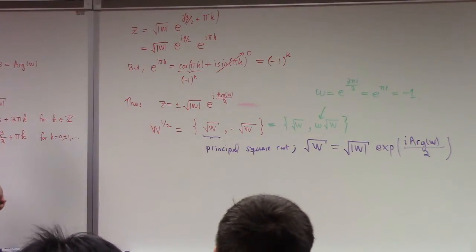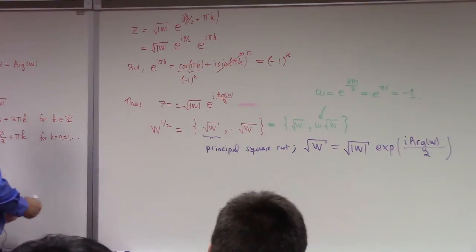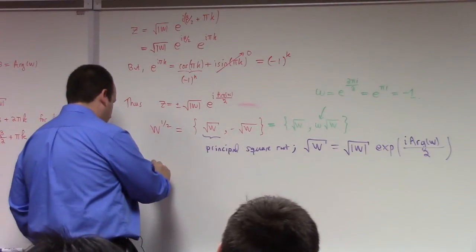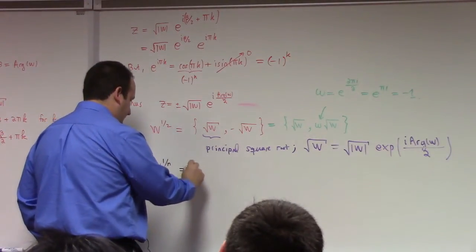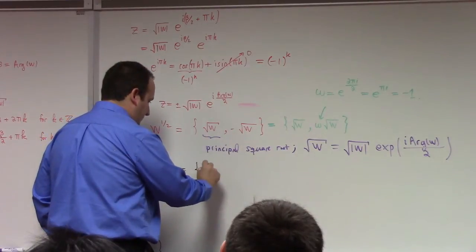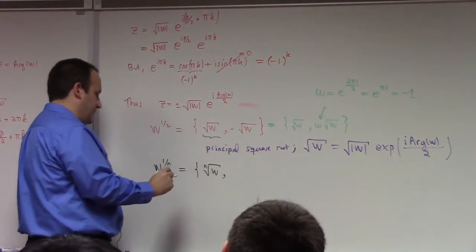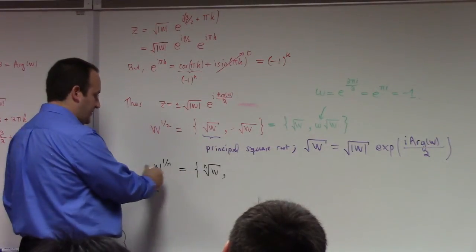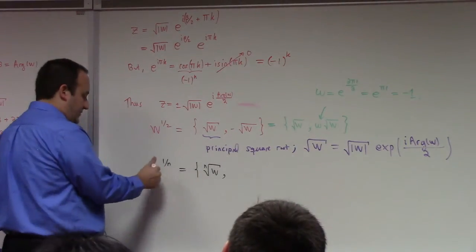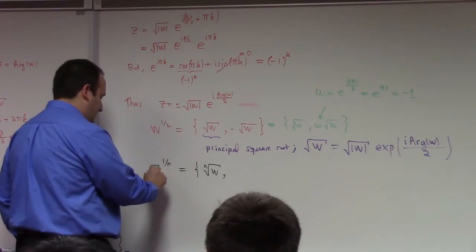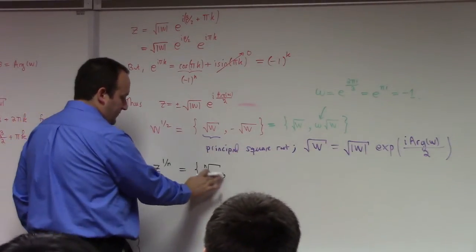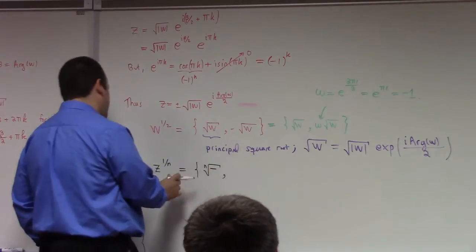More generally, if you want to look at the nth roots of W, what you do is you take the principal nth root of W, and then, maybe W is a bad choice. Let me do Z here, because that way we don't have the W omega degeneracy. So the nth roots of Z. I'm sorry, guys.